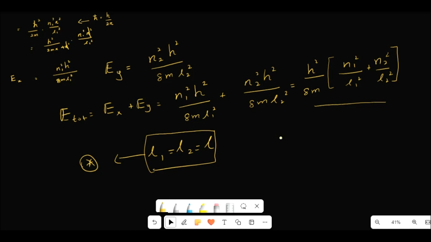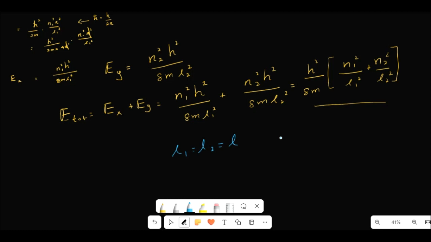Now we can do another step here, right? If you want, you can take another step, which is L1 equals L2 equals L. Now our 2D box is completely a square box, right?